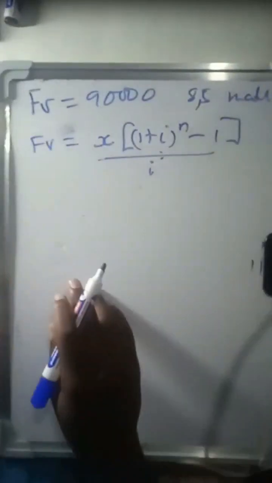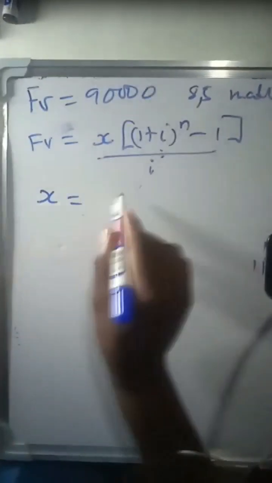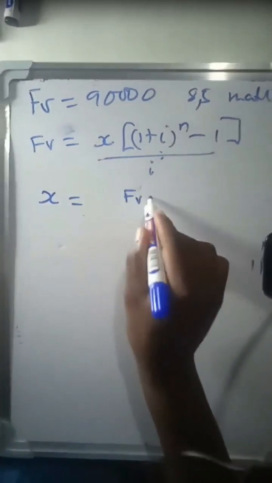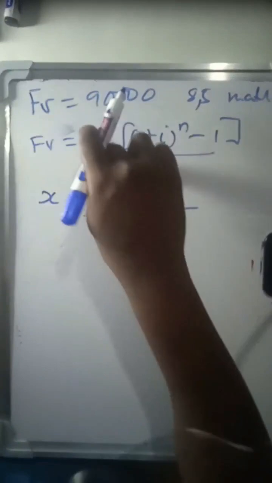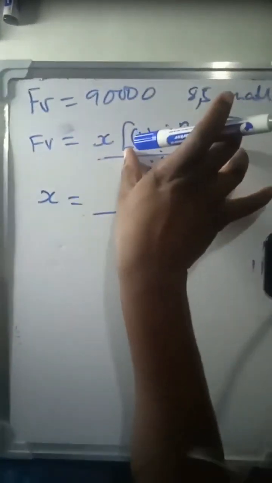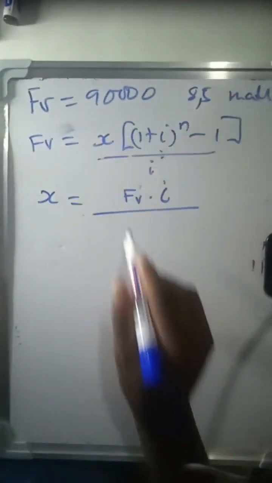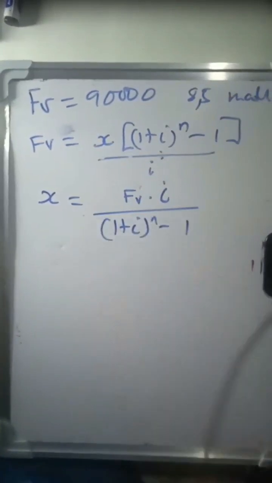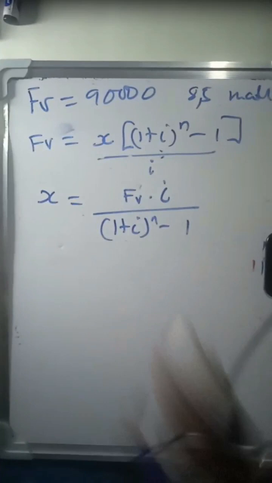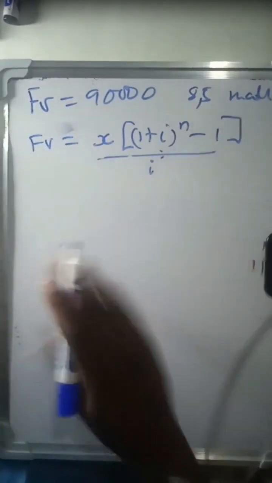So this is simple. Take I, it is going to multiply there. So I'm going to say X is equal to FV multiplied by I over, then if I've multiplied there, to leave X alone there, I have to divide by this part of the interest. So that is going to be 1 plus I to the power of N minus 1. Okay, in order to remove I, I am going to cross multiply.